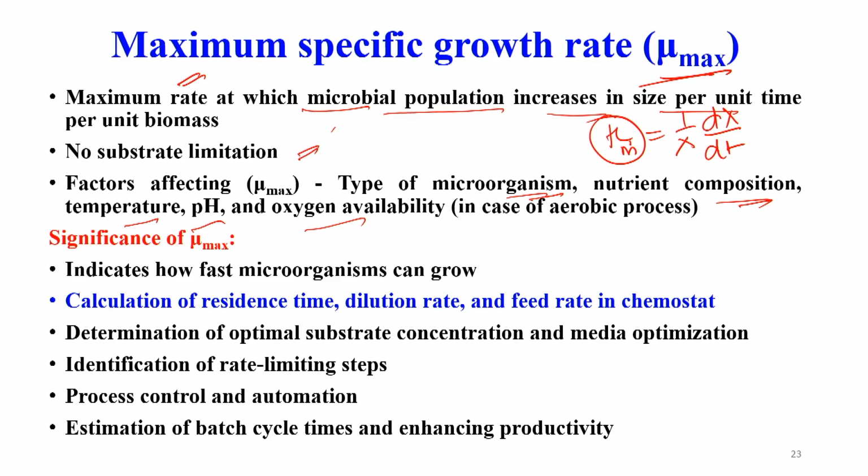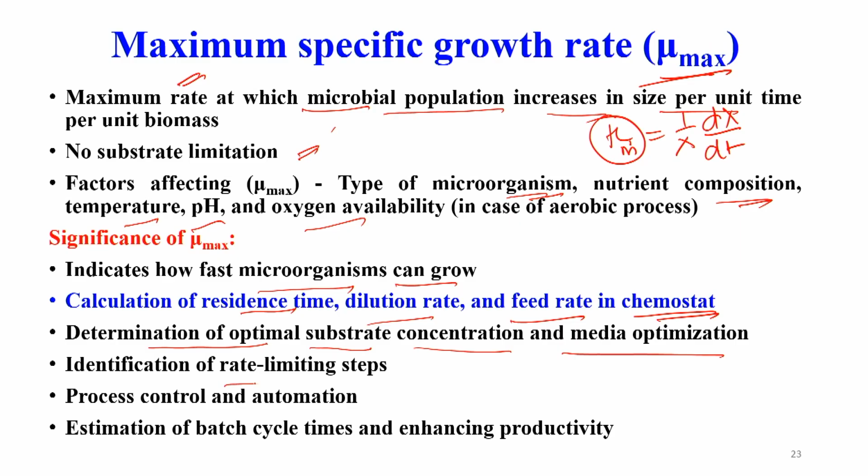Significance of mu max, where it will be exploited: it can give information on how fast microorganisms can grow. In case of a CSTR or continuous culture, it helps us to calculate the residence time, dilution rate and feed rate. It helps in determination of optimal substrate concentration and media optimization.